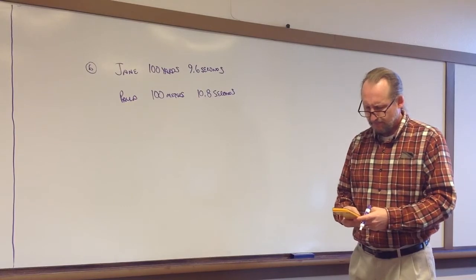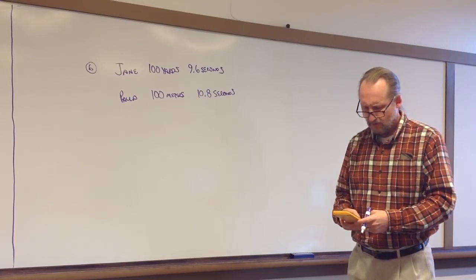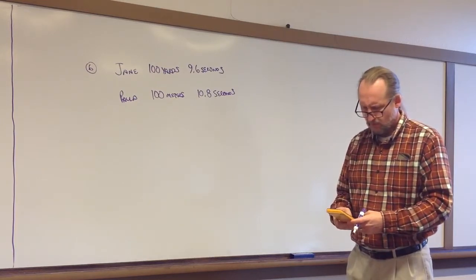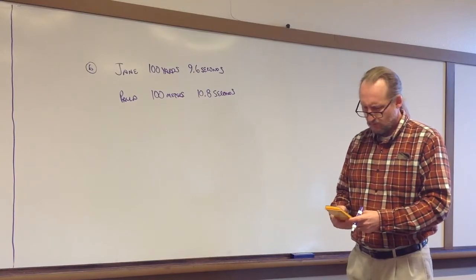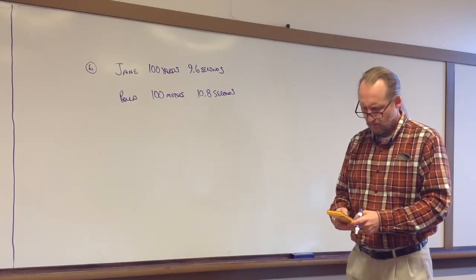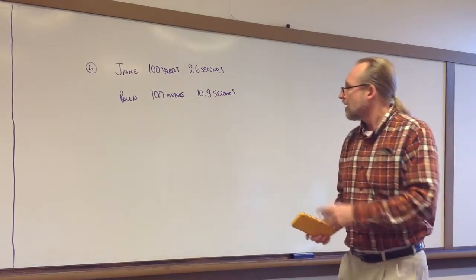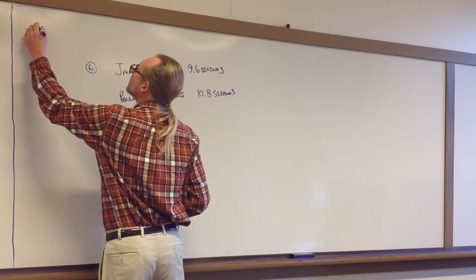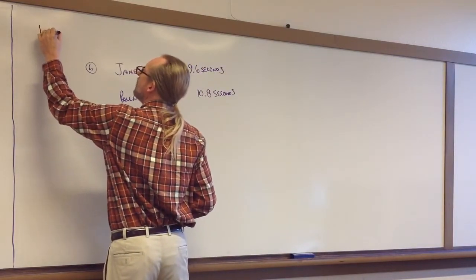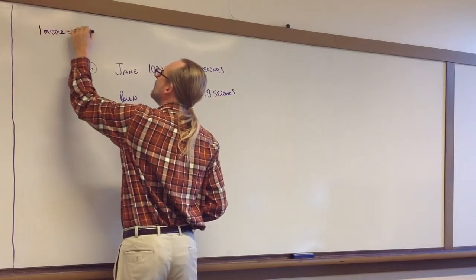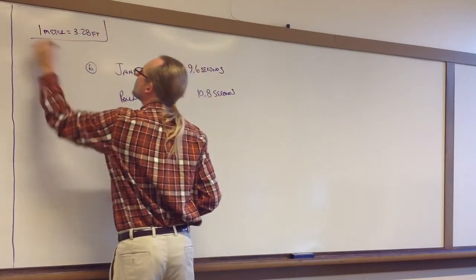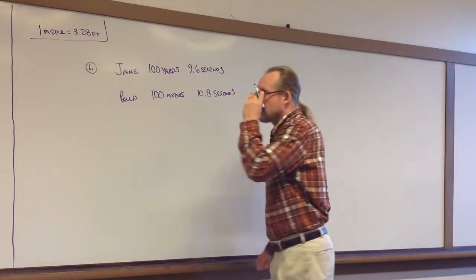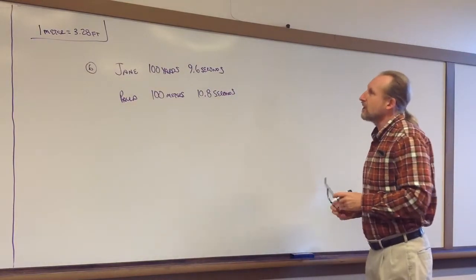So the conversion I'm going to use here is that 1 meter equals 3.28 feet. And like I said, I need to put these conversions on the test paper for you so that you don't have to worry about these issues like I am right now.